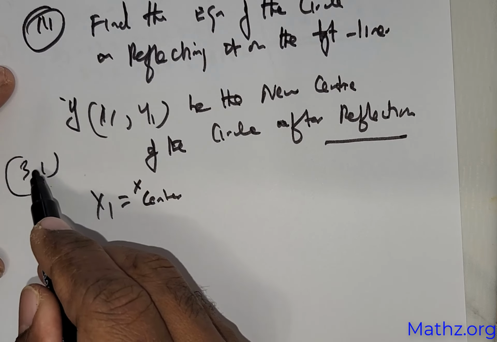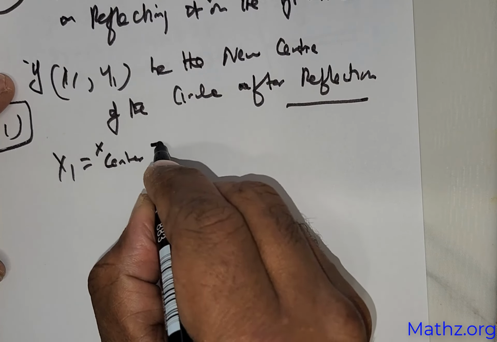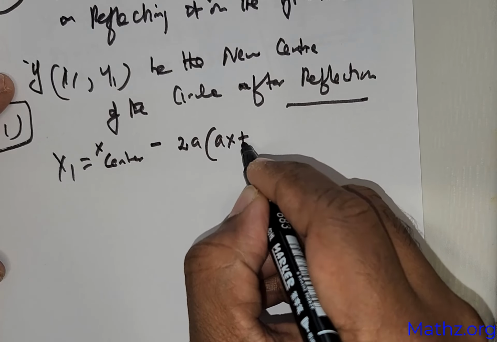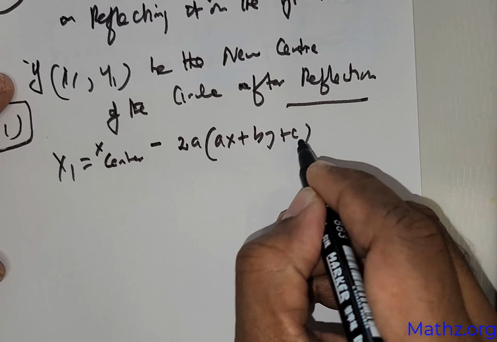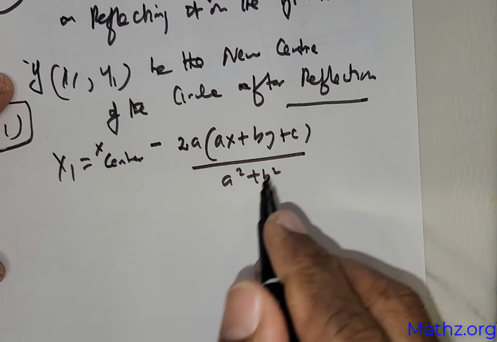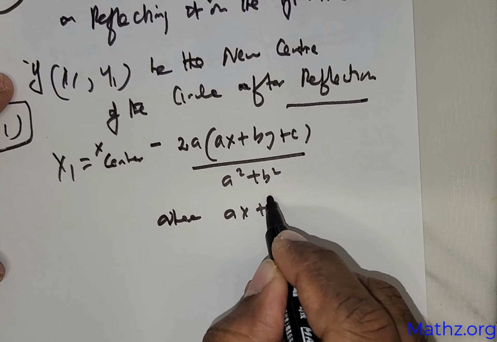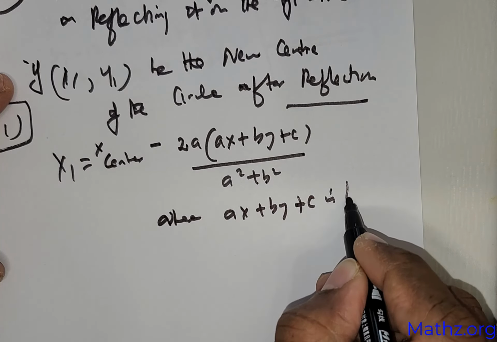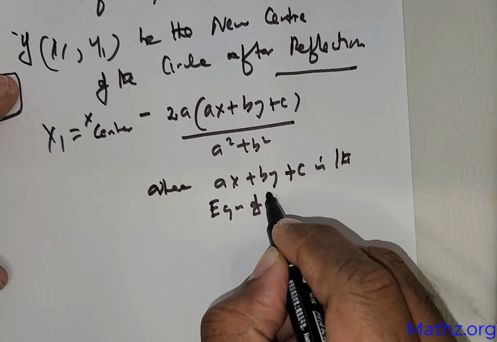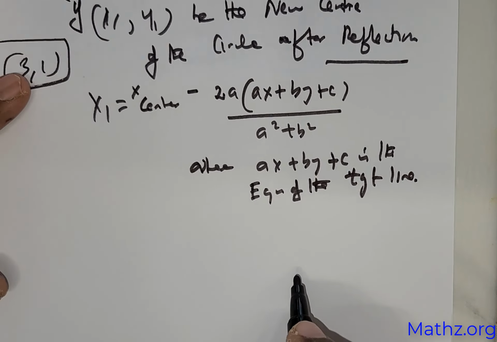So this is the first coordinate for the center, followed by negative 2 times a of (ax + by + c) divided by a squared + b squared, where ax + by + c is the equation of the tangent line.